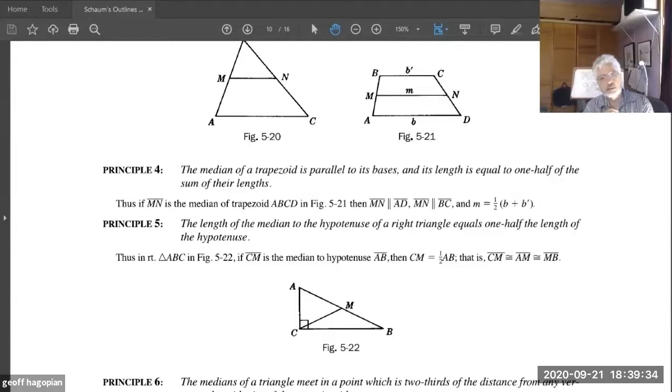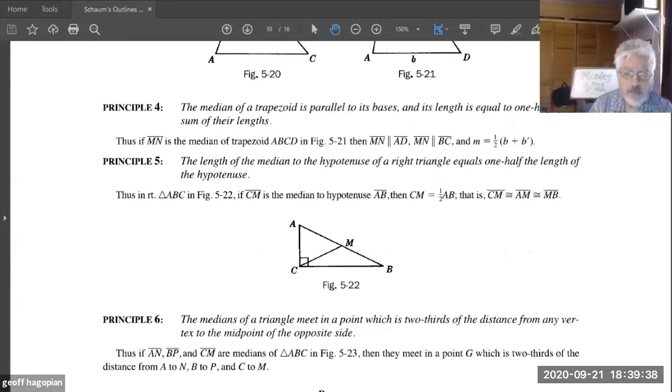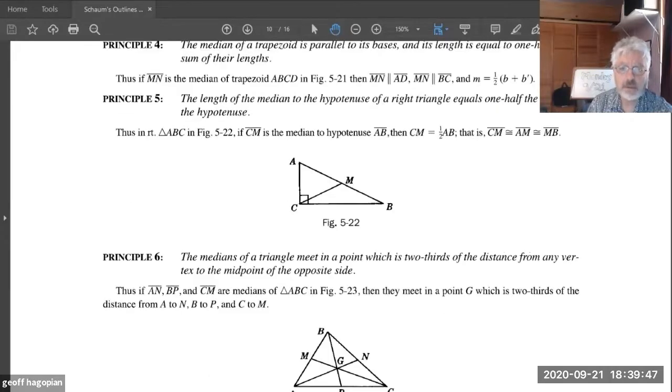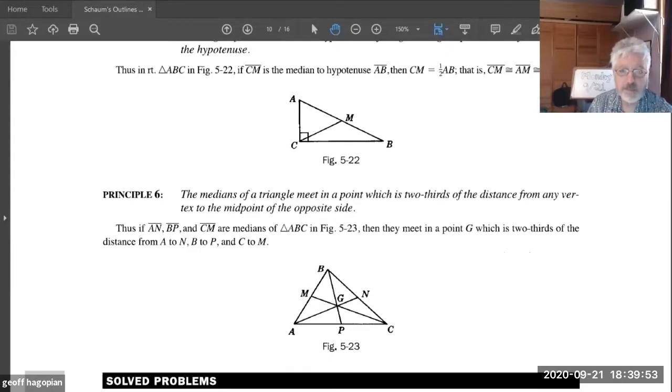Well, that sounds like a good challenge for you. So the principle 6, the medians of a triangle meet in a point which is 2/3 the distance from any vertex to the midpoint of the opposite side. 2/3. Now we're talking. And so how do you prove that?